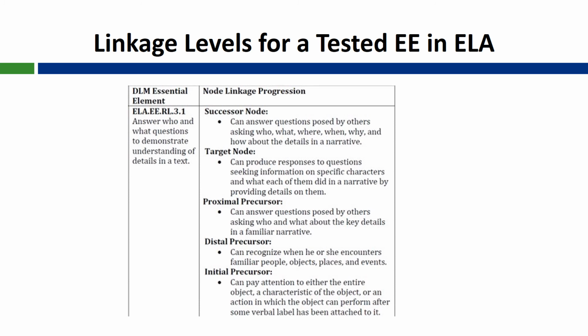Testlets at the distal and proximal precursor linkage levels allow students to develop knowledge, skills, and understanding to reach the target. Testlets at the successor linkage level give students the opportunity to take the next step beyond the expectations described by the essential element.